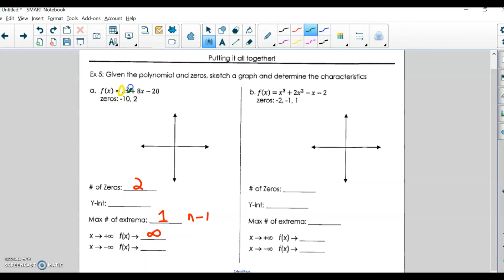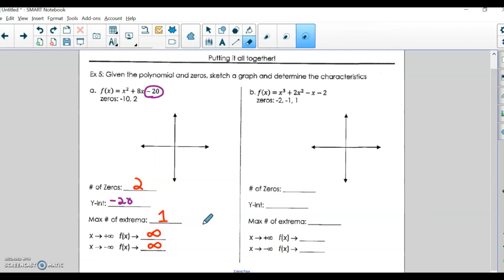The degree is 2, so it is even, and the left-hand side is going to go the same direction as the right-hand side. There's one thing I did not answer here: the y-intercept. The y-intercept is the constant of the graph, so we know it's going to cross the y-axis at -20.